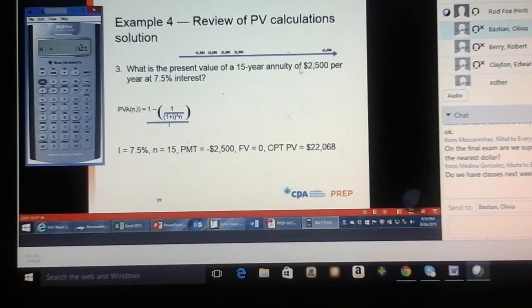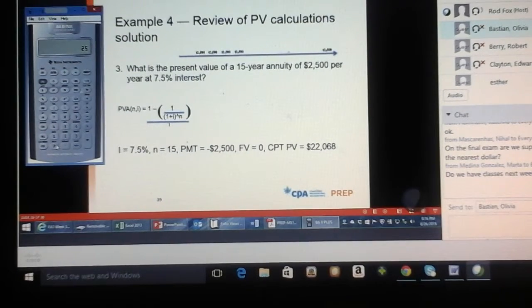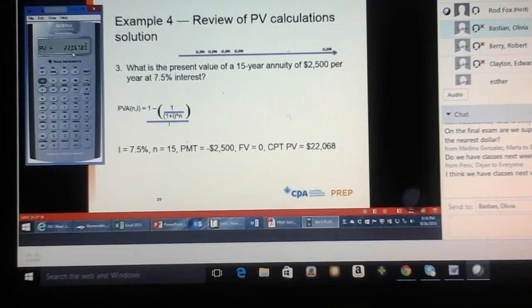And the good news is because I'm receiving $2,500, so the payments are the same every year, then I can just do this using these buttons here. So I put my payment in as a payment, and I put it in as negative, because I always put payments in future values in as negative. This time, you're going to have 0 left over to receive at the very end. And then we want to compute our present value, and then that gives us the 22,067.